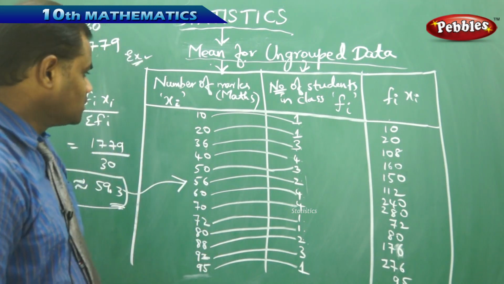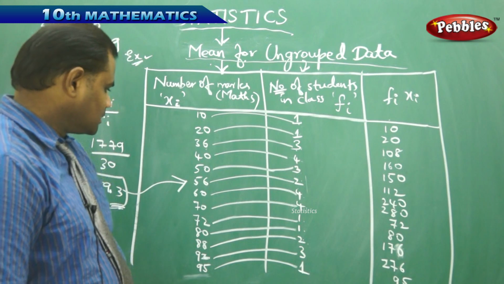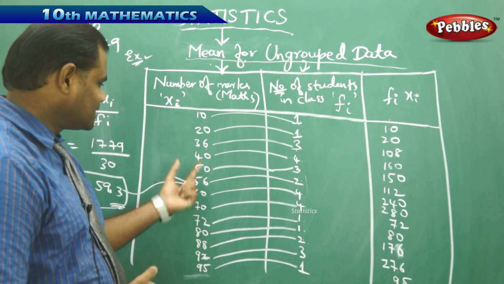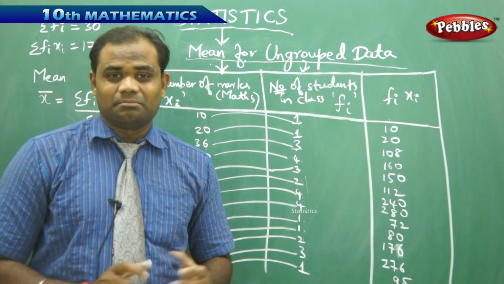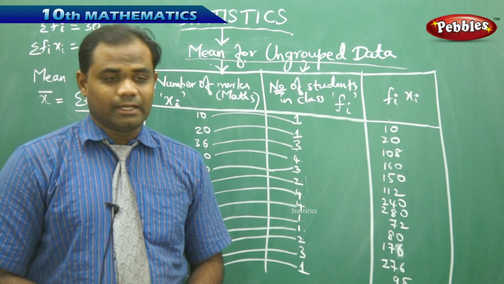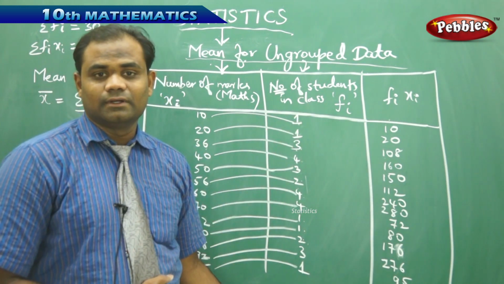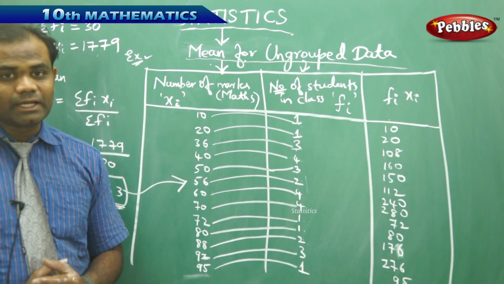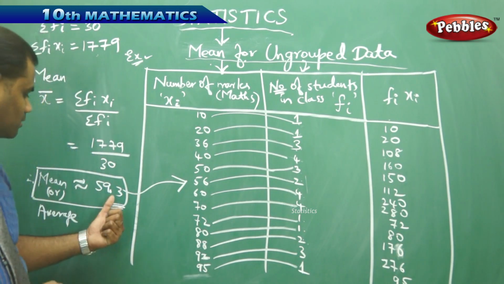Though there is one student who got 10 marks and the highest being 4 students who got 60, 70 and 40 marks, the clear picture for the teacher is that in the entire class we have the average of 59.3. The average of the entire class is 59.3.